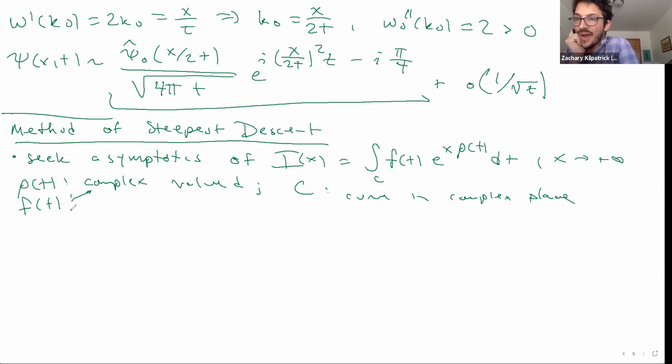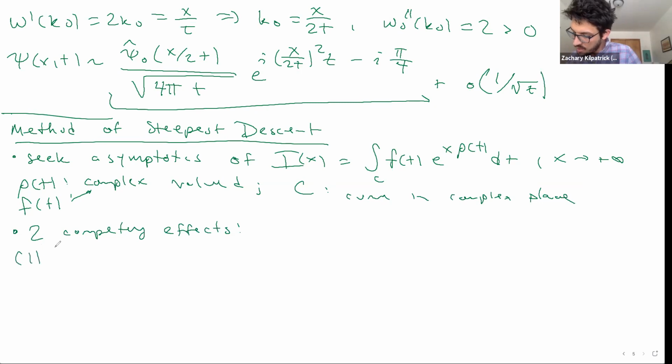Even if you have real integrals, you can always pose them in this way. If you just have a contour along the real line, you can realize it as a contour integral. And there are really two competing effects that you want to consider in these integrals, especially because x is large.